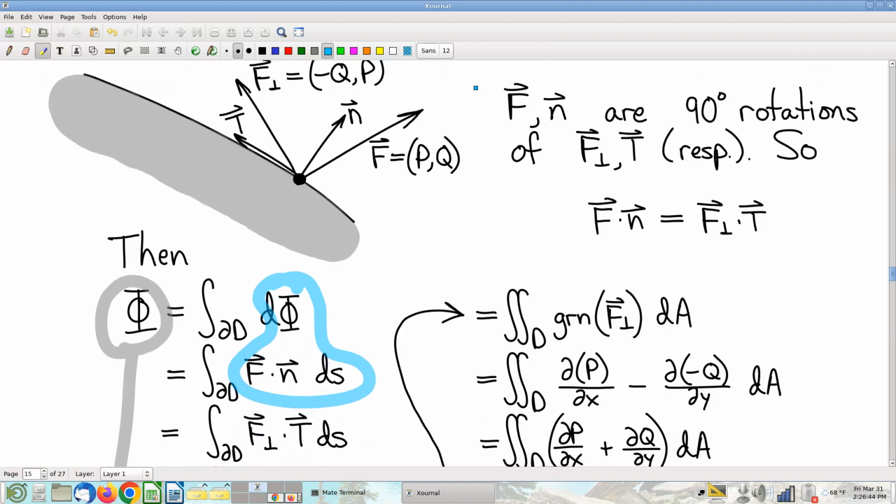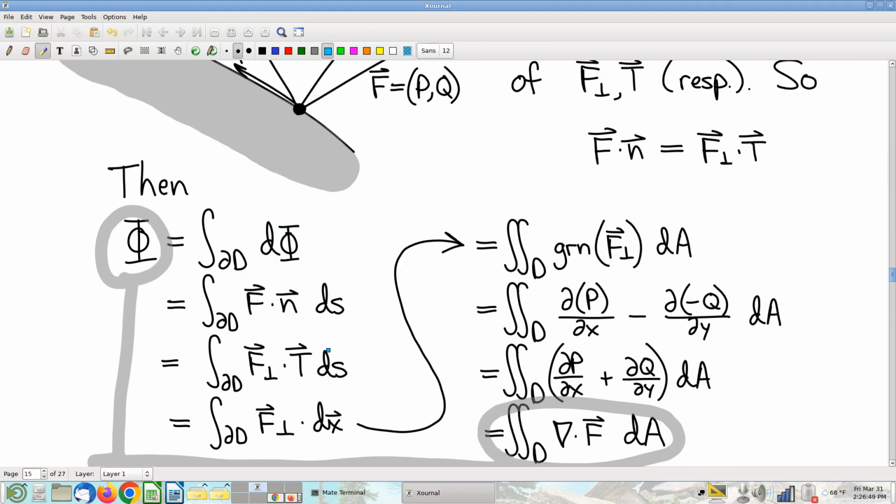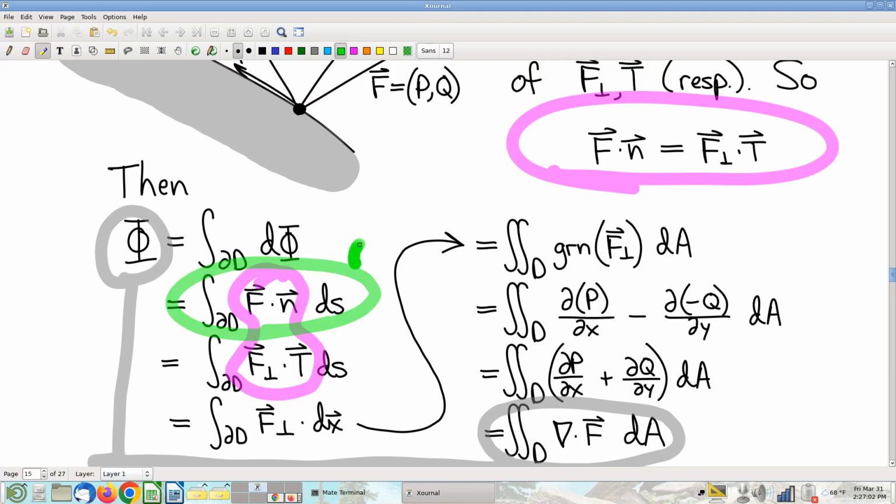And here's where we use this result over here. Knowing that F dot N is equal to F perp dot T allows me to rewrite this as that, which allows me to take an integral that I don't know how to compute. We've never seen this before: integral of something dot n ds. We don't have formulas or any tools for computing it.